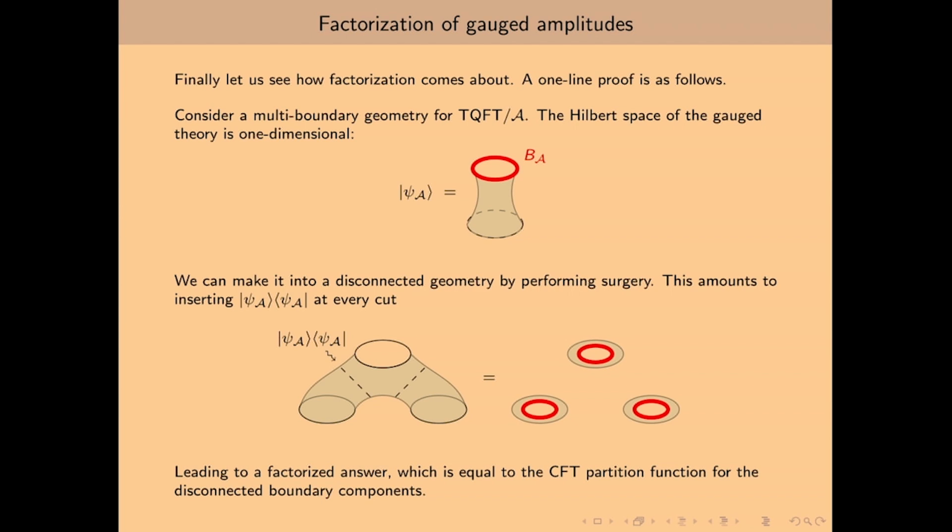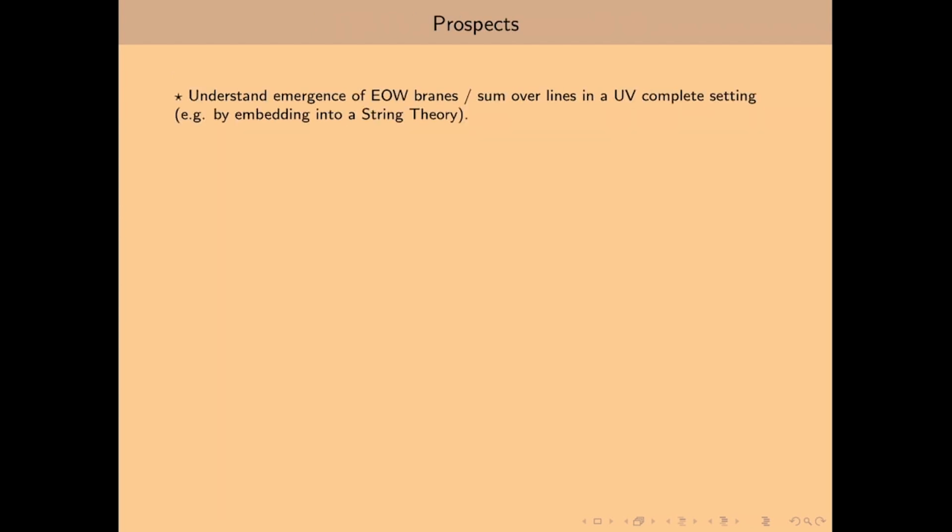Now, coming to prospects, it would be nice to see whether there is some case in which you have a UV complete model that gives you some 3D bulk theory in which this actually happens. No, I don't know of any case in which you can do it explicitly. This would be very nice, and that would be how the problem gets solved.